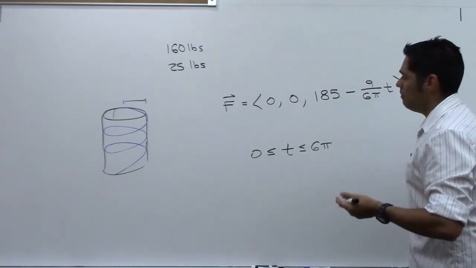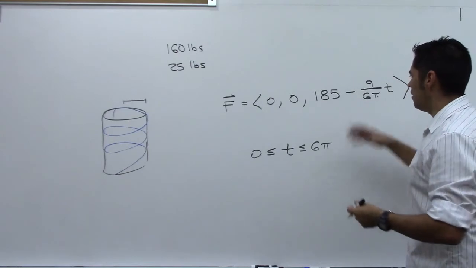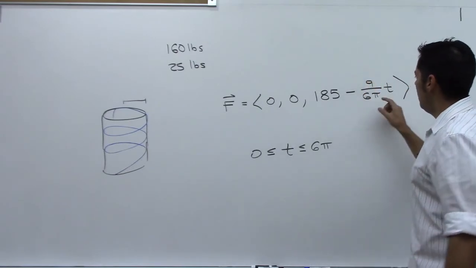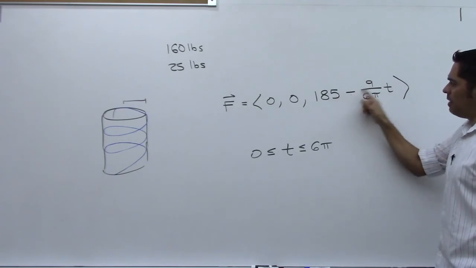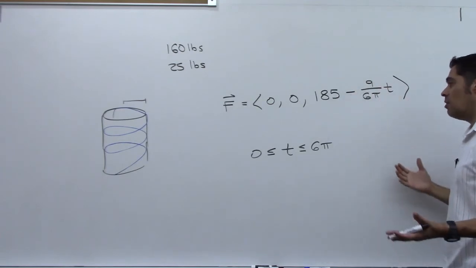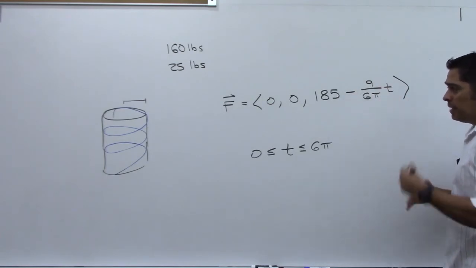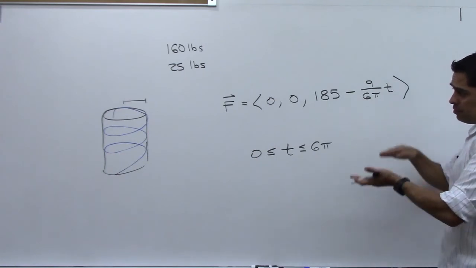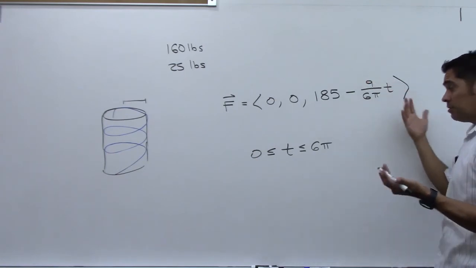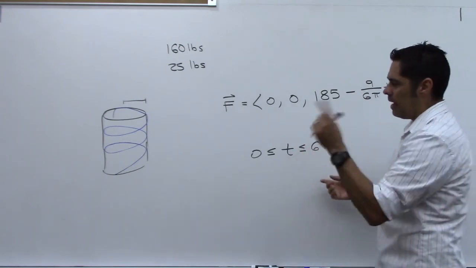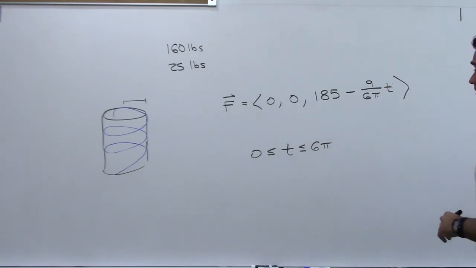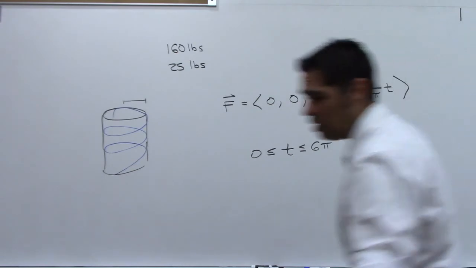And as he goes up, paint starts flowing out, so the weight is changing. And when I get to 6 pi, they'll cancel, and I'll have 185 minus the 9 pounds. So we will have lost all 9 pounds of paint, and it will be linear, and it happens through the whole interval from 0 to 6 pi. I shouldn't say time interval, this is our angle, but we can look at it as time also. So this is basically the same problem.